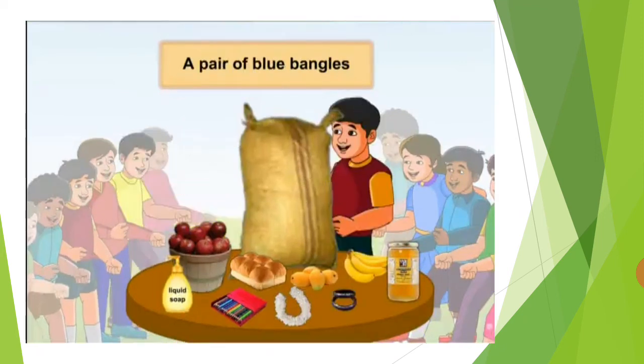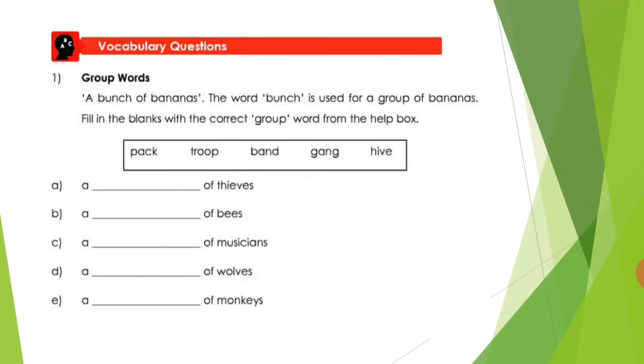See? Now, this is an activity. A bunch of bananas. In this group of words, the word bunch is used for a group of bananas. Okay, students? So, whenever we say something in a group, we have different words for them.